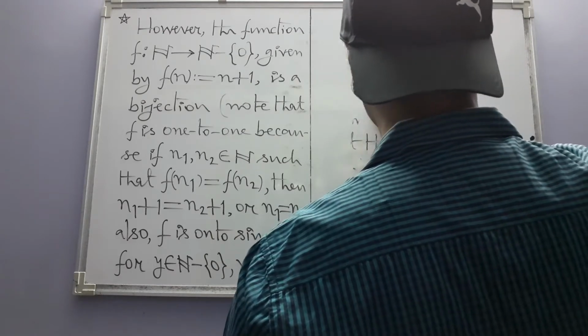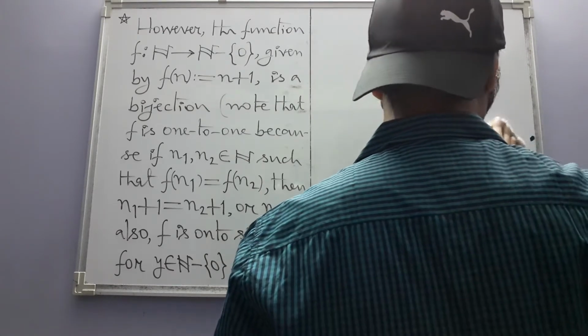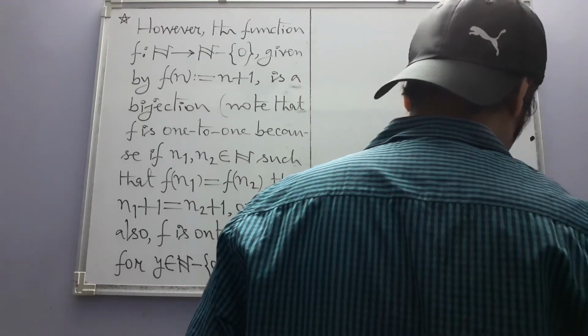Being one-to-one and onto, it would then be a bijection, which is what we are claiming.